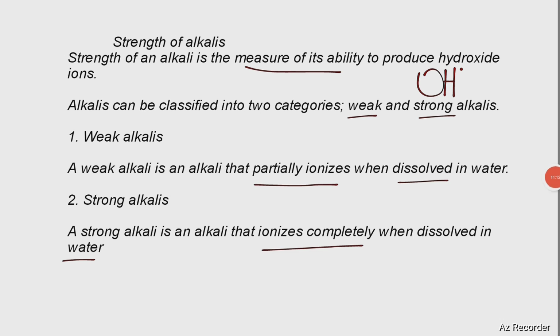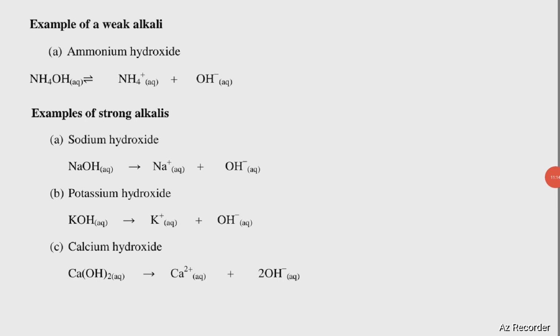So here is an example of a weak alkali, which we call ammonium hydroxide. You can see that it is partially ionized, in that it does not give out all of its hydroxide ions, as compared to the strong alkalis such as sodium, potassium, and calcium hydroxides.